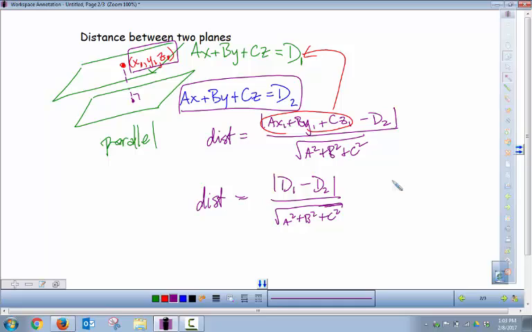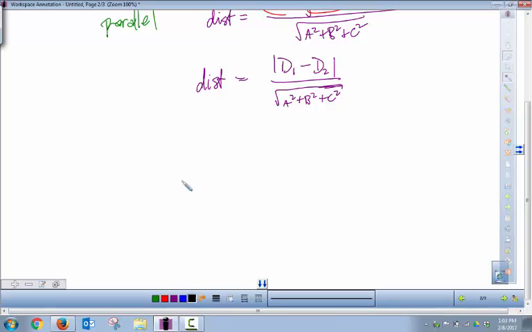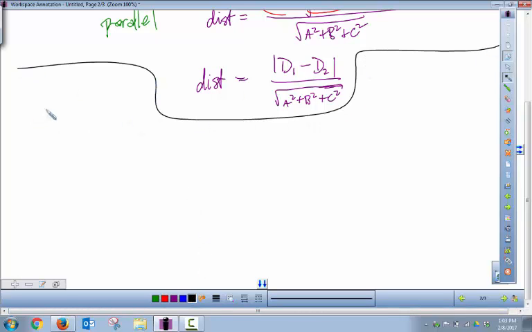Okay, any questions? Should we do an example? I don't even know if it's worth doing an example for this. So easy. So I need two parallel planes. 3x minus 2y plus what? 20z equals.